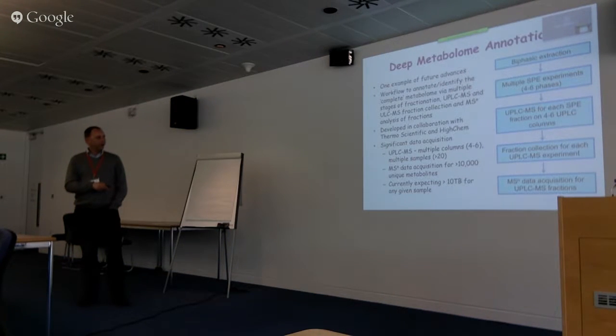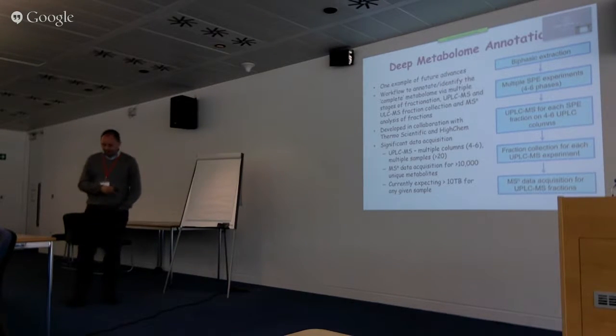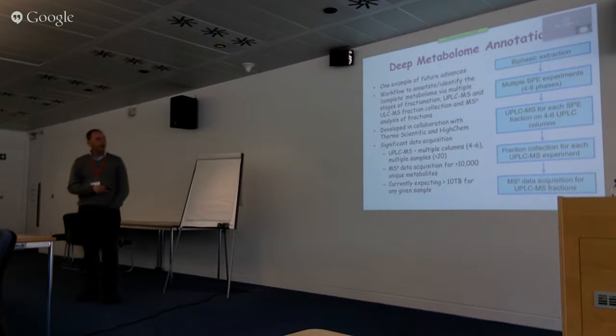Another thing we're doing in Birmingham is something called deep metabolome annotation. This has come out primarily from Mark Viant's group, and Thermo Fisher Scientific are heavily involved in this. Robert Mistrick, who's on the line, is also heavily involved. Here we take one sample type, do significant fractionation of that sample, and then collect LCMS data on different SPE fractions, biphasic extraction and sample extractions, and then collect MSn data for all of those fractions, until hopefully the majority of the metabolites are in each of those fractions.